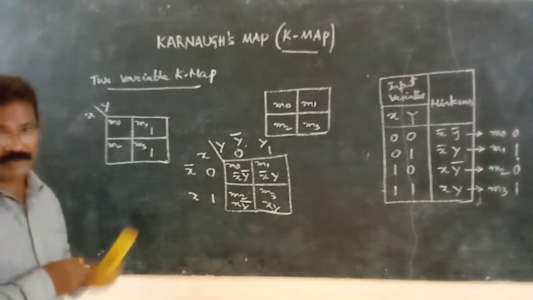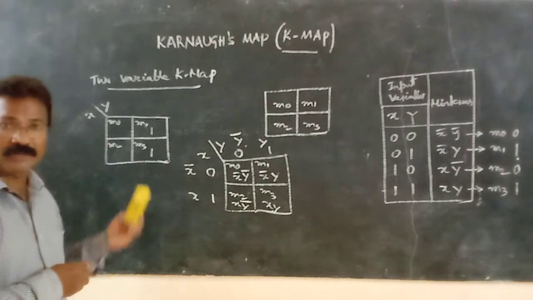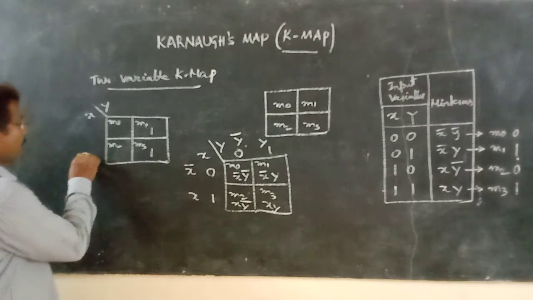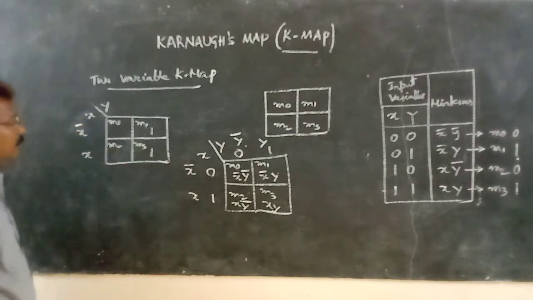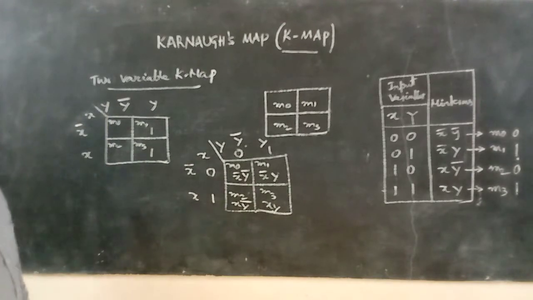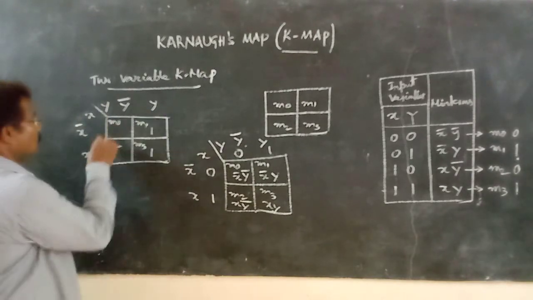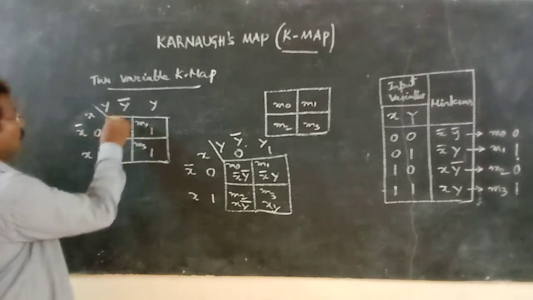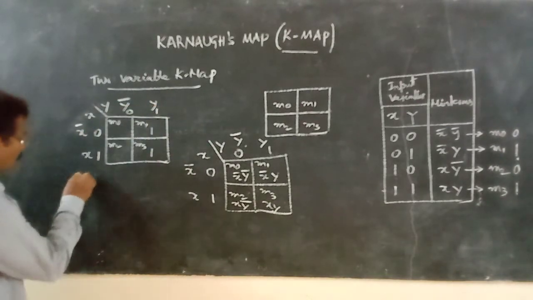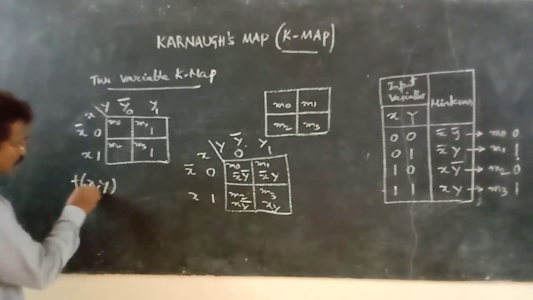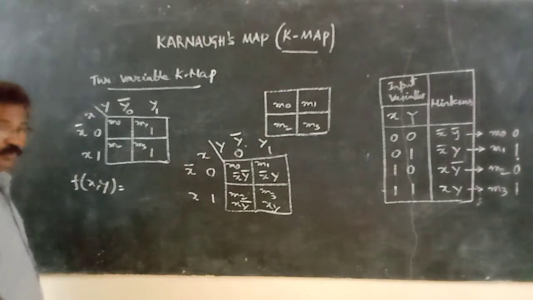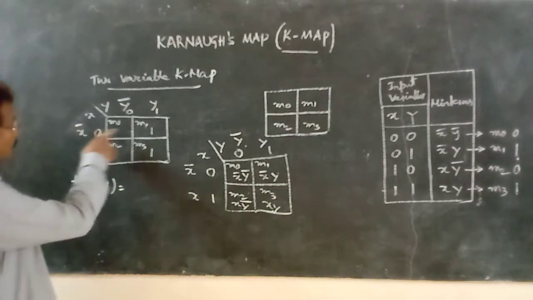Now how can we write the Boolean expression for this K-map? Here this is x and this is x complement. This is y and this is y complement. So 1, 0, 0, 1. For the function of two variables x and y, we can write the Boolean expression.